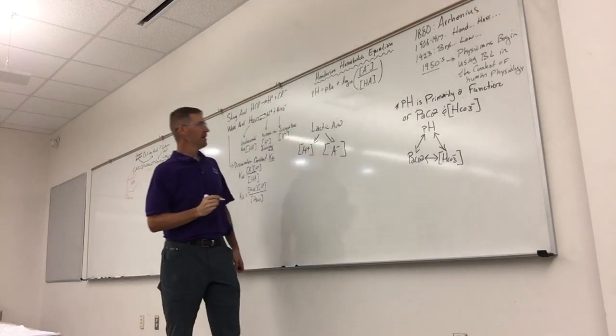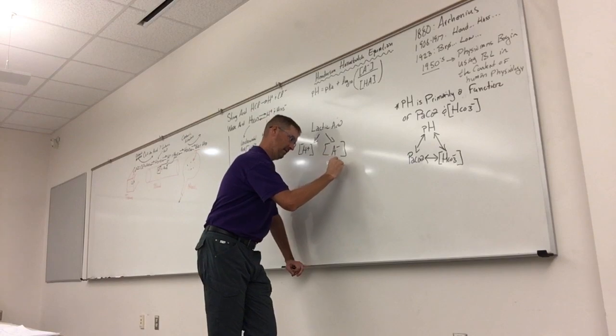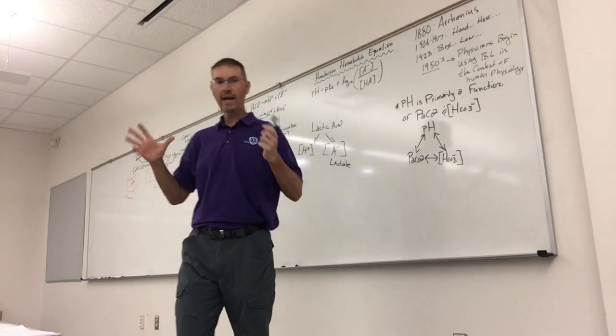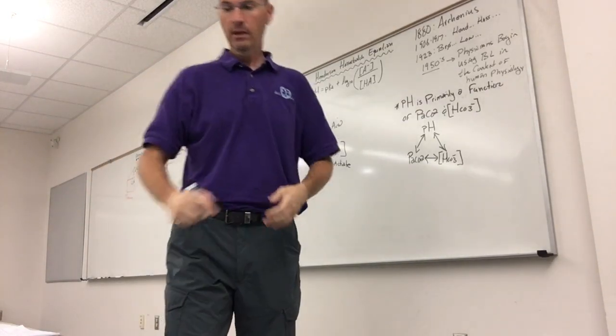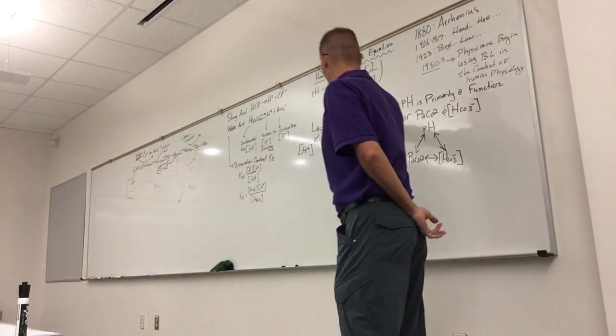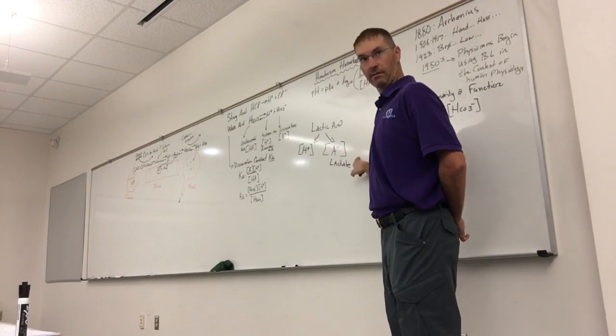And the conjugate base that lactic acid breaks down into is something called lactate. So when organic acids break down, their name tends to change. So lactic acid breaks down into a hydrogen ion and its conjugate base form, lactate. Does that make sense?